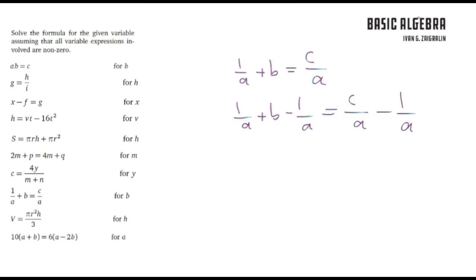So this 1 over a goes with this negative 1 over a. So b equals c over a minus 1 over a, and b equals c minus 1 over a.